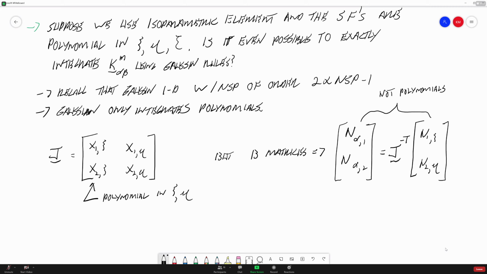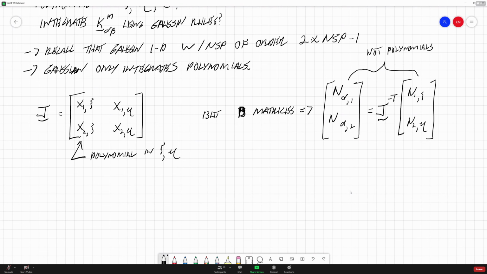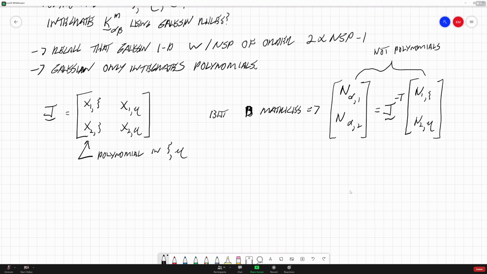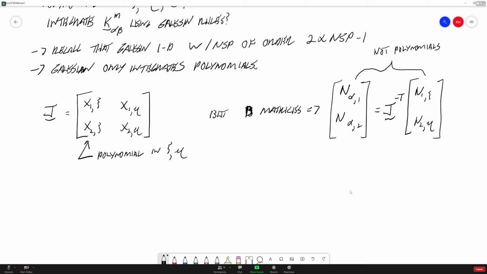Remember, our K matrix has these B terms in it, right? The first one is B alpha, and the second one is B beta. So our Jacobian has polynomials, but our shape functions do not.